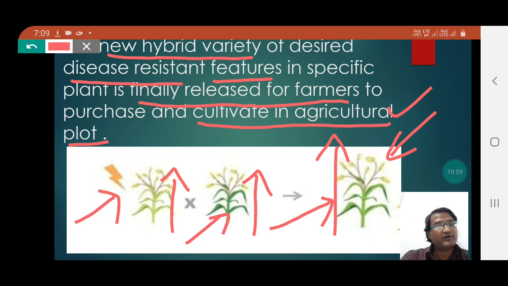It is more longer so that it can bear more cereals, more fruits in it, and apart from that, it is also modified into disease resistant plant.